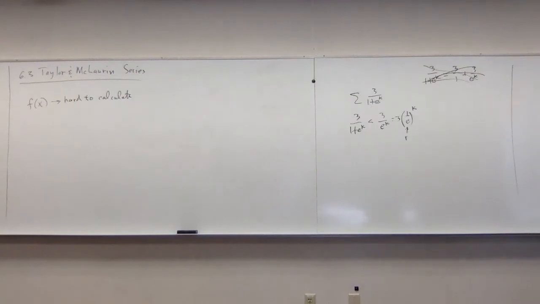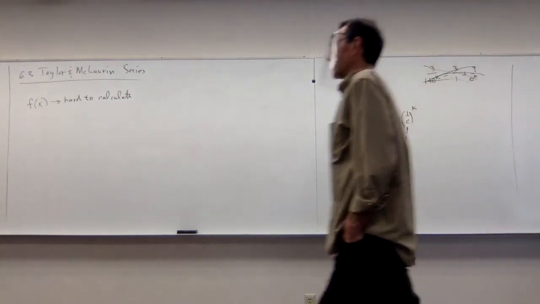So maybe I can find a function that gets me really close to f of x, and it's of a nature that it's easy to do arithmetic with. Okay, and what kind of functions like that? Well, polynomials are like that. Polynomials are just adding, subtracting, multiplying, easy.